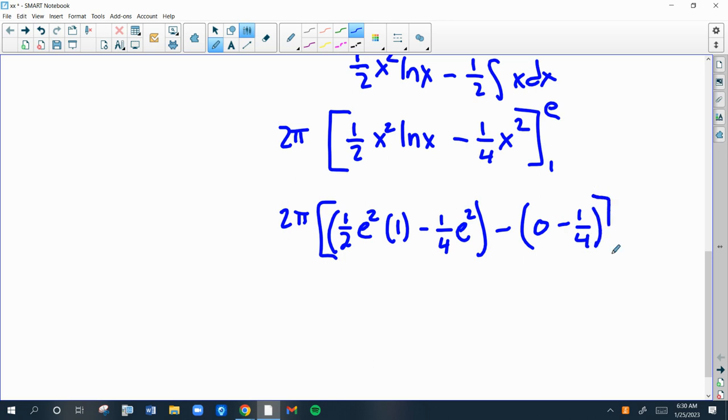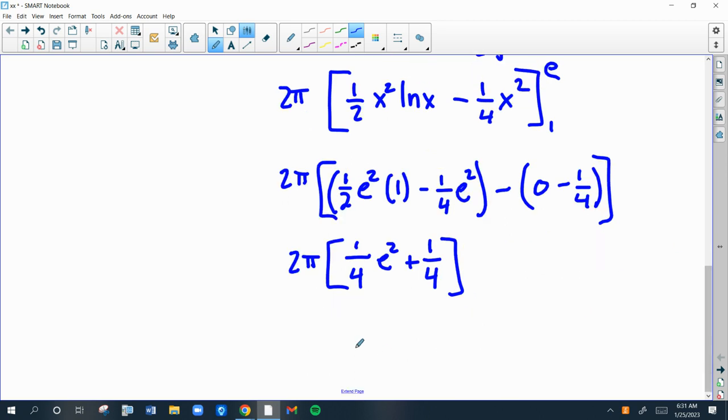So that's your answer. We're going to simplify it. We have 1/2 e squared minus 1/4 e squared, which is 1/4 e squared, and minus a negative 1/4, which is plus 1/4. It really makes sense here to factor out 1/4.